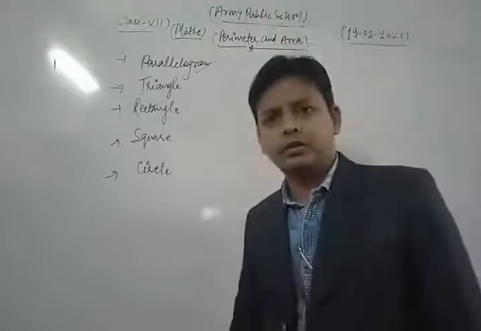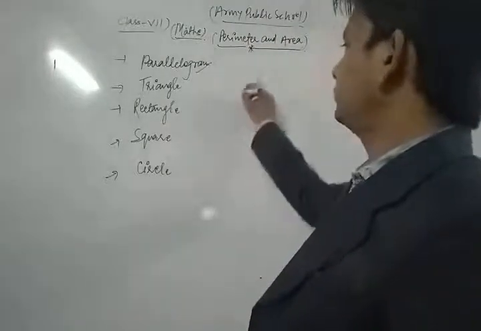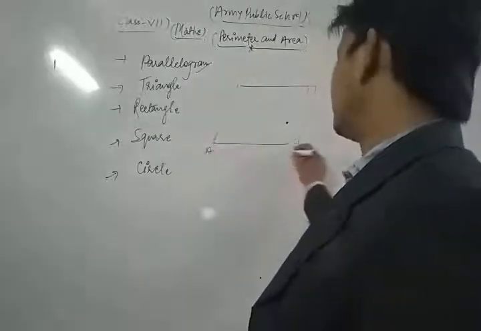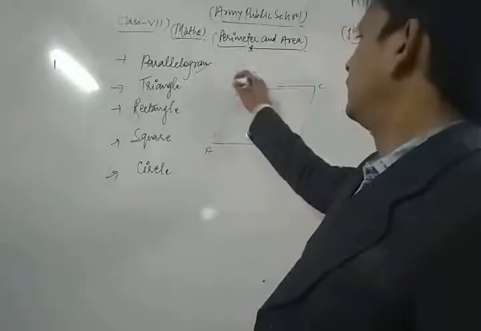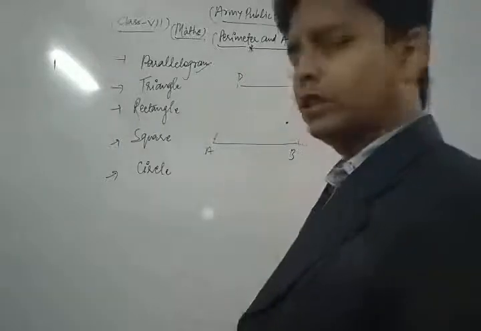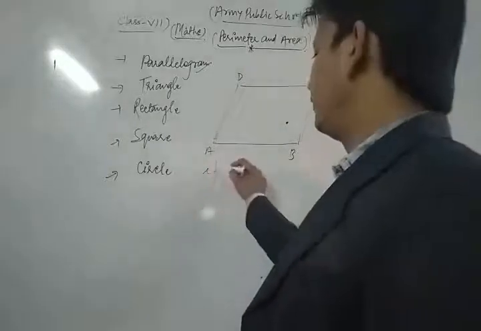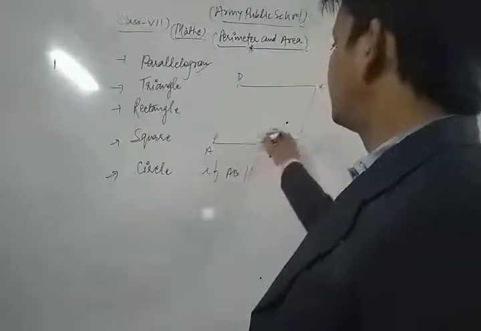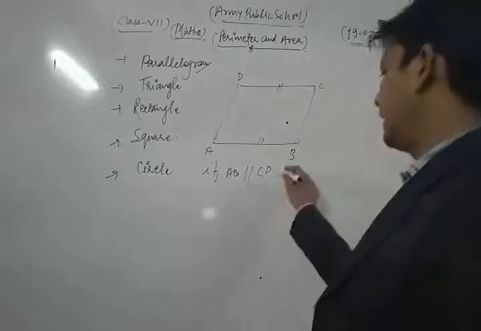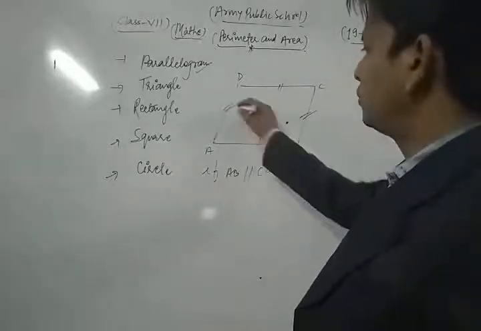What is a parallelogram, dear friends? A parallelogram is a special type of quadrilateral. Suppose ABCD is a quadrilateral in which AB is parallel to CD, and BC is parallel to AD.